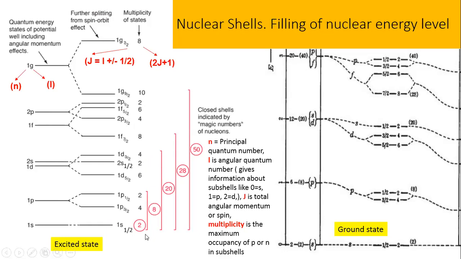So the total will remain the same, like we calculate the total number of electrons in the subshells or orbitals in electronic configuration. So the maximum capacity of the s orbital to hold electrons is 2, and the maximum capacity of the p to hold electrons is 6.